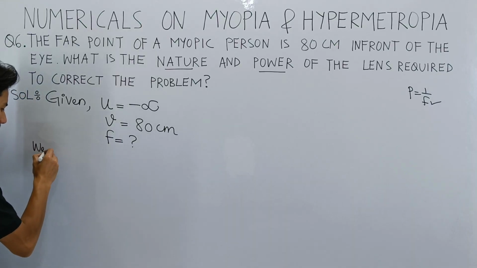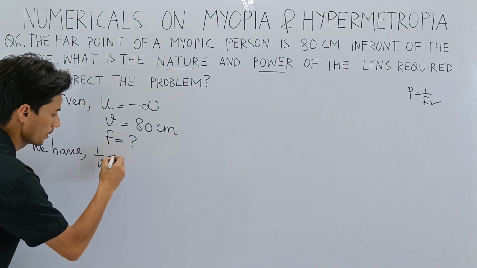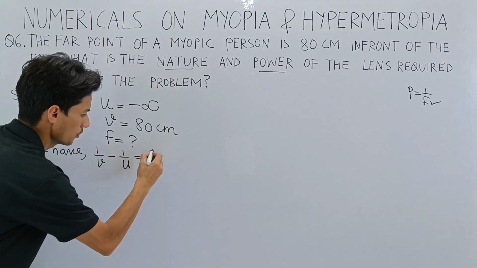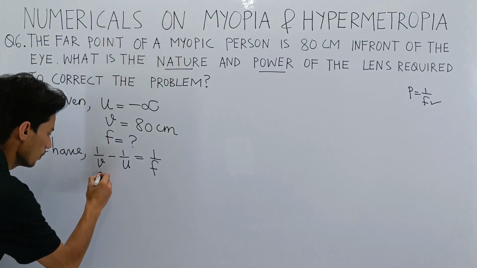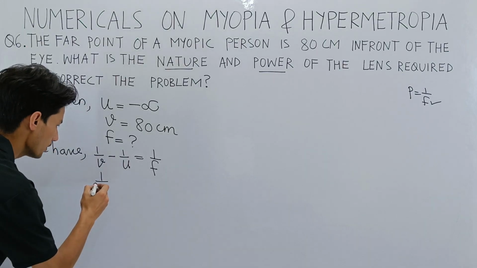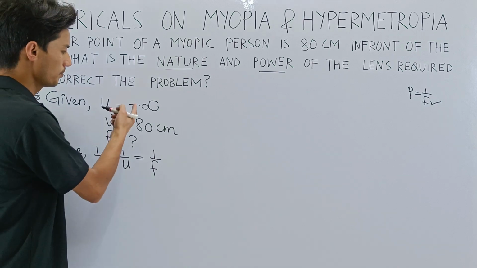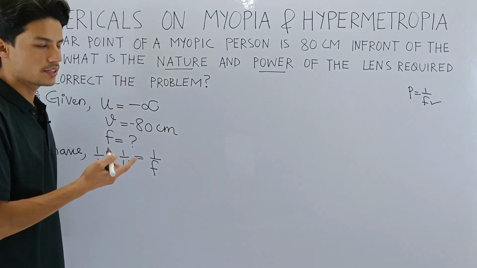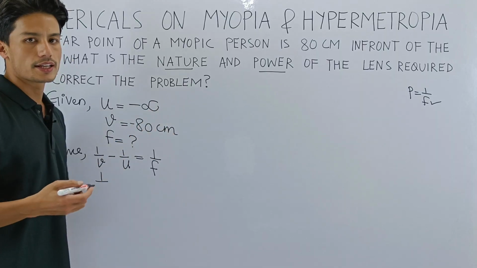We have 1 by v minus 1 by u is equal to 1 by f. This is the lens formula. Put the values. Before I forget, v also will be minus, both u and v. In such questions about myopia and hypermetropia, they carry a negative sign.